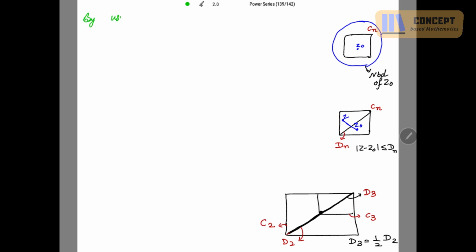So by using Cauchy's weak theorem, the integral over Cn of f of z naught plus f dash z naught times z minus z naught, this whole integral is 0.